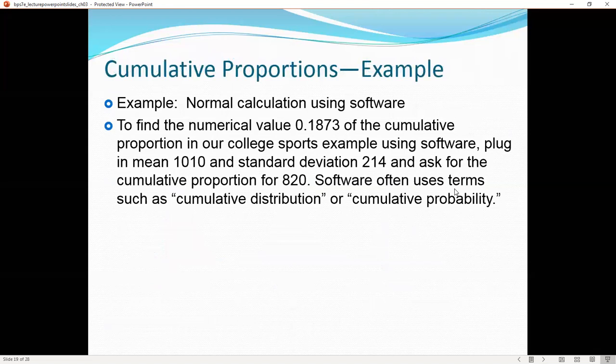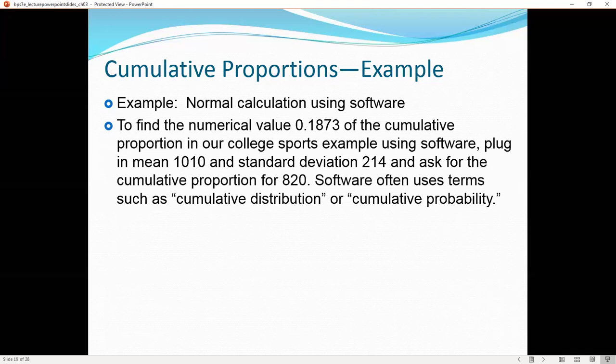Normal calculations using software. So to find the numerical value of 0.1873 of the cumulative proportion in our college sports example using software, plug in the mean of 1,010 and standard deviation of 214 and ask for the cumulative proportion for 820.